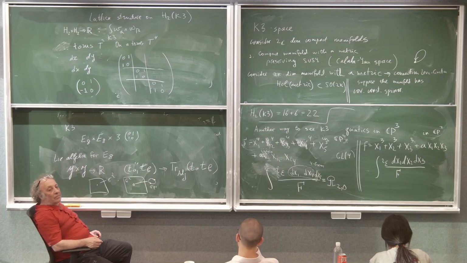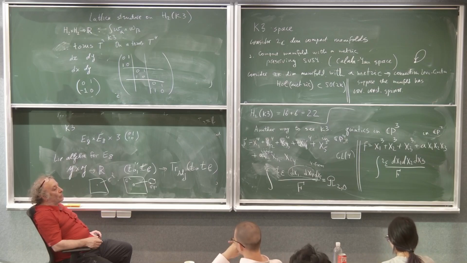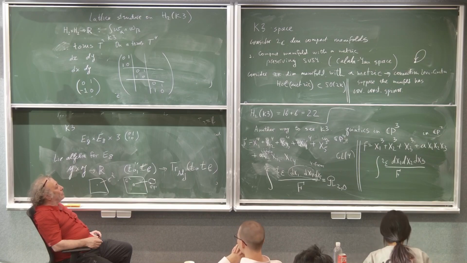This S2 was contractible, so it wasn't an element of second homology. But now, because you preserve directions, S2 is not contractible to a point. So around each point you can draw an S2 which is not contractible. That gives you a generator in second homology. And because of the duality between homologies and cohomologies, the extra 16 generators for homologies around these points should give rise to 16 representatives for second cohomology.